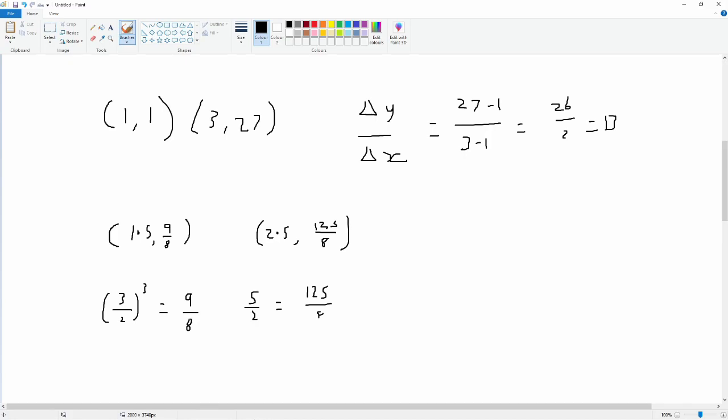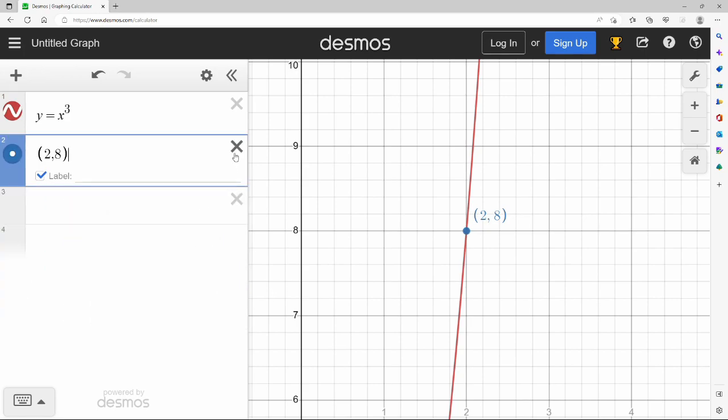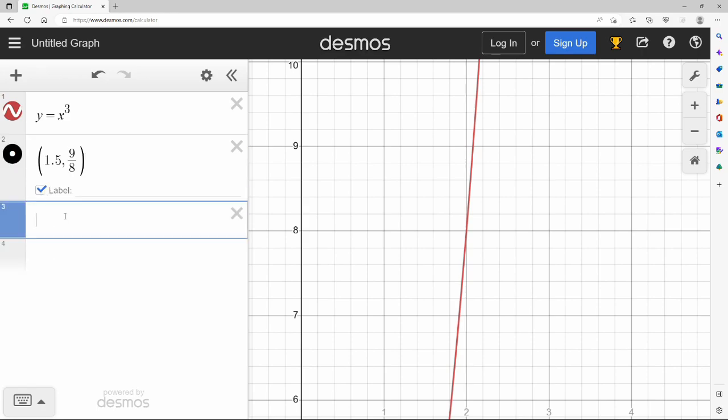So let's plot these points. 2.5 comma 125 over 8.